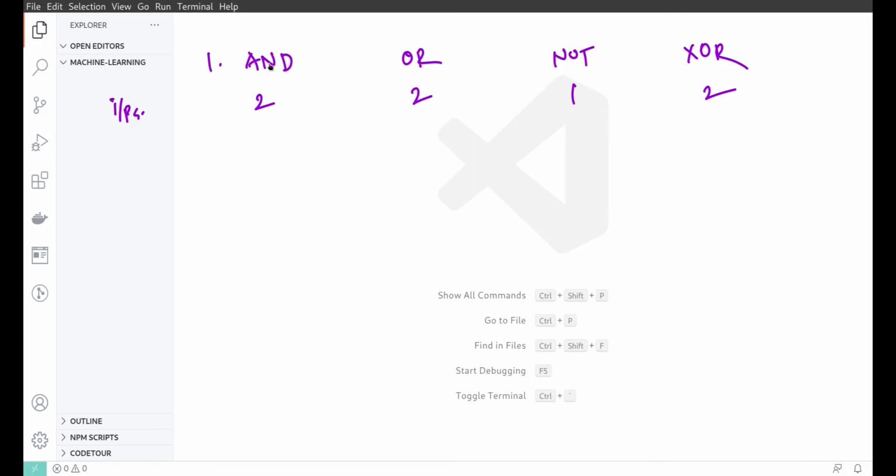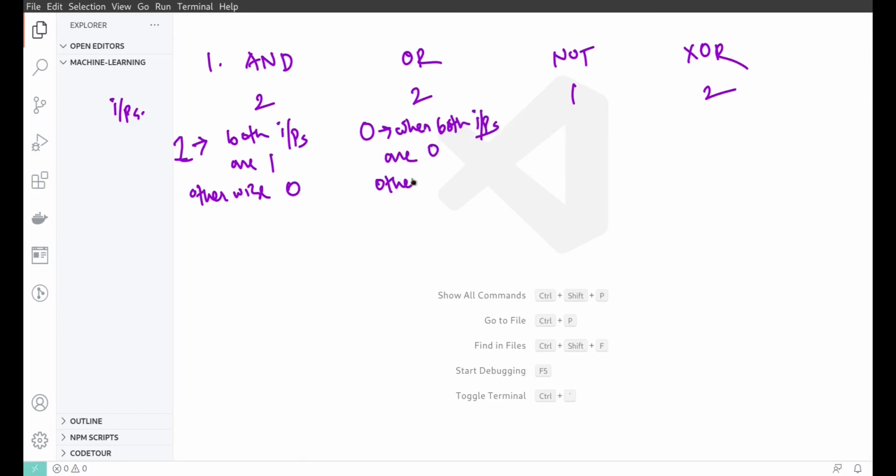And the idea behind AND gate is it is 1 only when both inputs are 1, otherwise 0. For OR it is 0 when both inputs are 0, otherwise it is 1. For NOT, just reverse the input, 1 becomes 0 and 0 becomes 1. For XOR we need to see parity of 1.